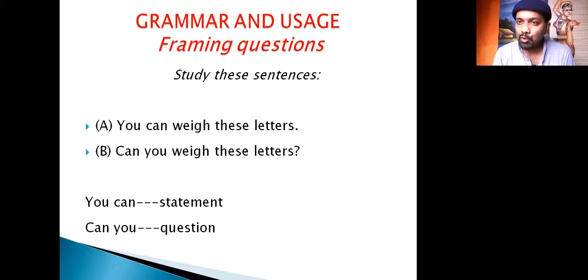Let us go to the grammar part, grammar and usage, framing questions. Study these sentences. "You can read these letters, please." This is a statement. "Can you write these letters, please?" Please is not there on the screen, but you can add it. So this is a question.